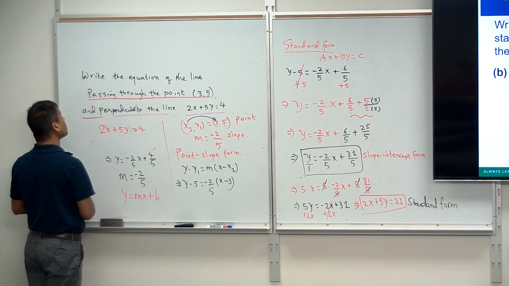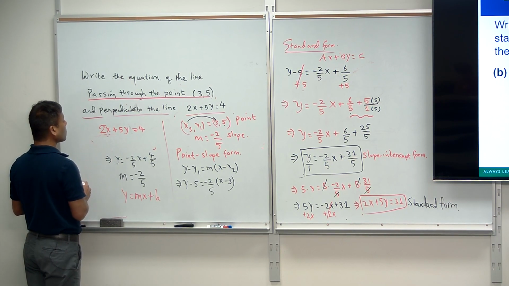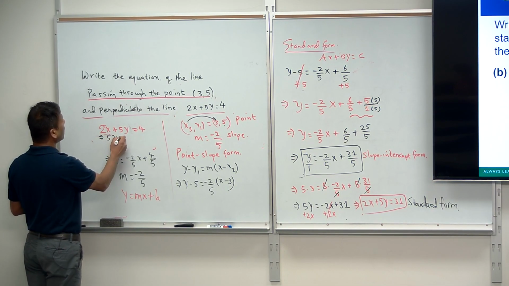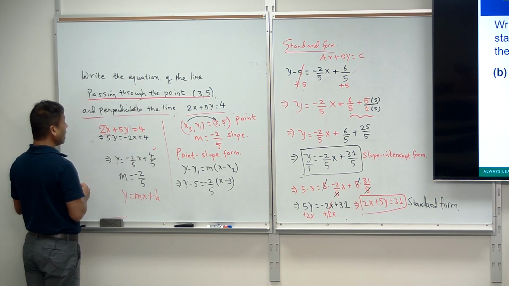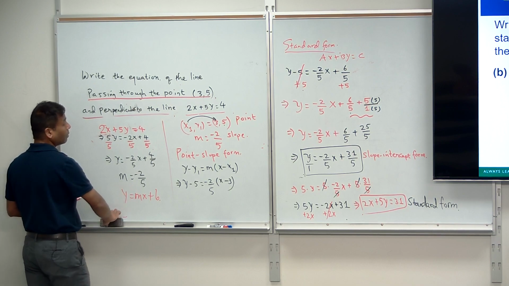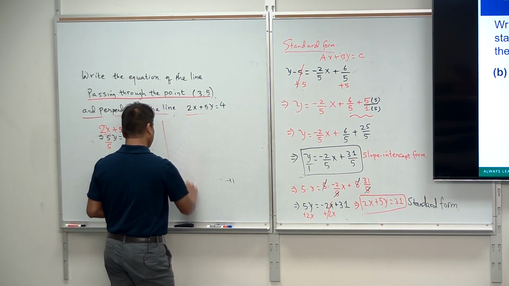So now you subtract 2x from both sides, right? That'll give you 5y equals negative 2x plus 4, and then you divide both sides by 5. Yeah, and you see this is the slope. Now we have to erase this one.